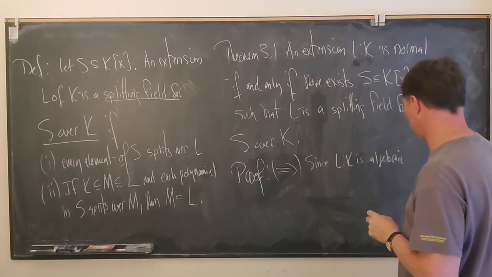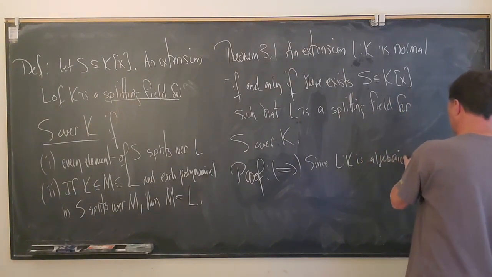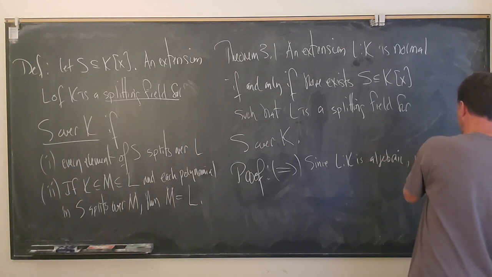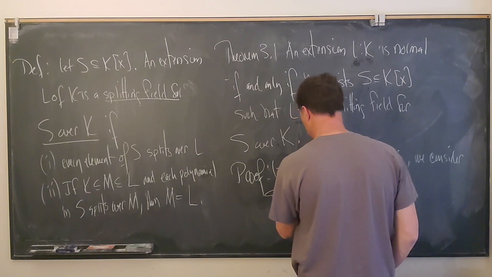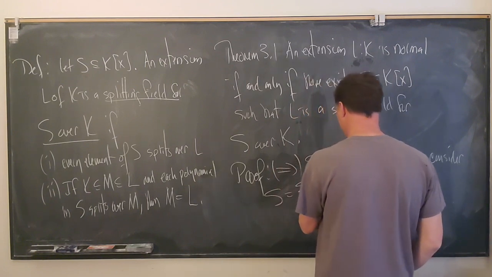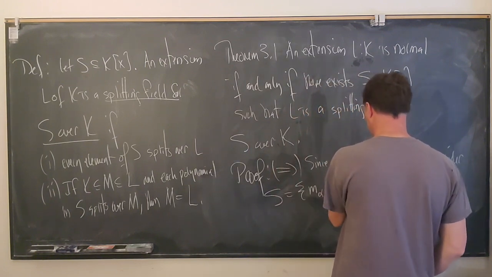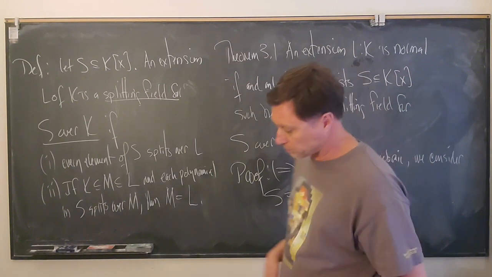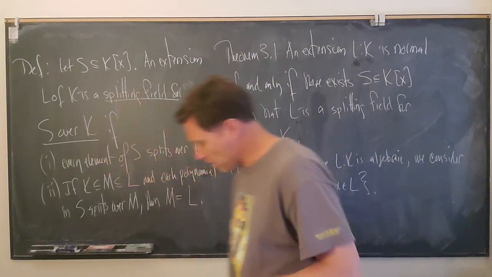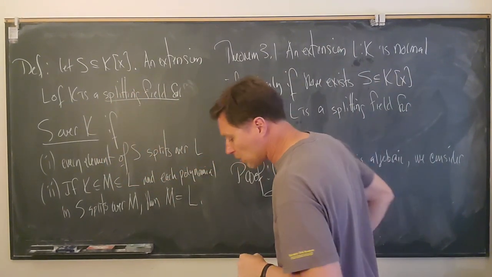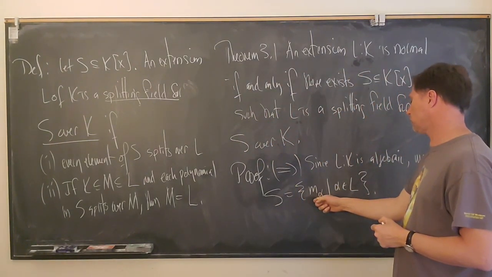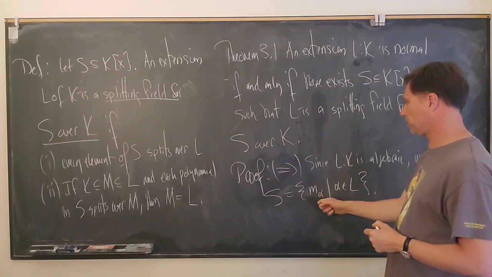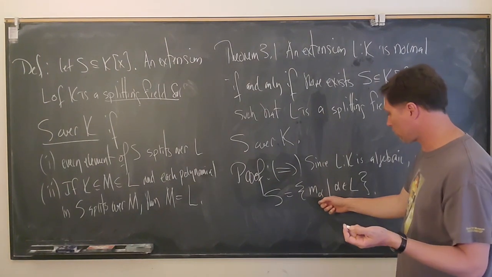So since L over K is algebraic, we consider the set capital S equal to the set of all M sub alpha, where alpha runs through every element of L. Now, what do we know? Every M sub alpha has alpha as a root.